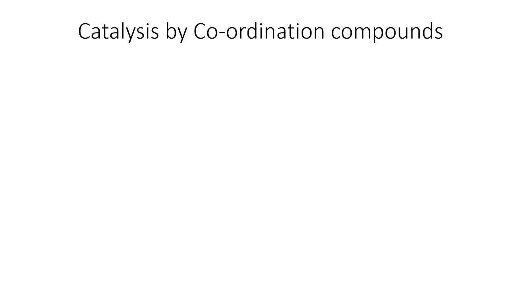Then we are going to discuss the catalyst feedstock. One of the catalyst feedstocks: regular catalysts can be replaced by coordination compounds. The application of coordination compounds is that you can renew those coordination compounds every time.